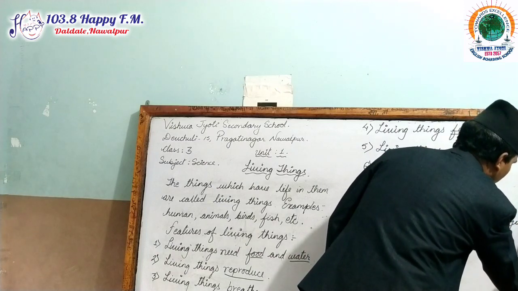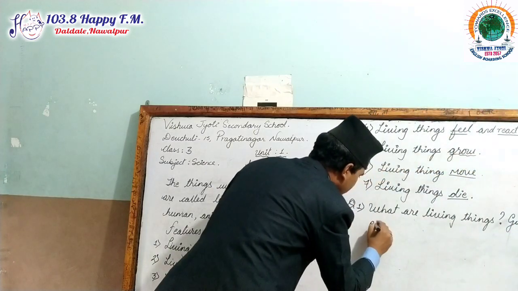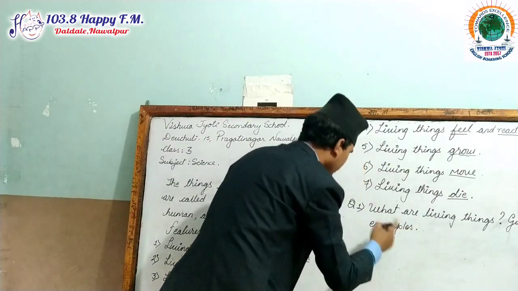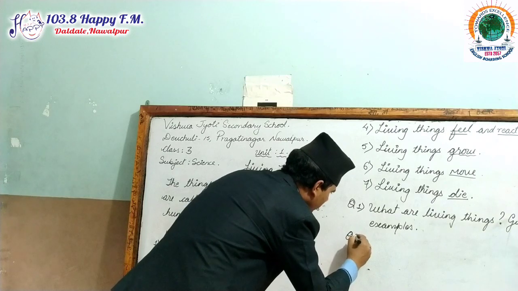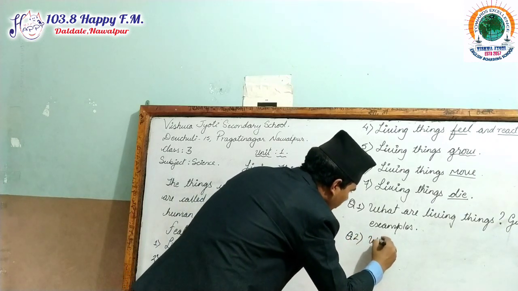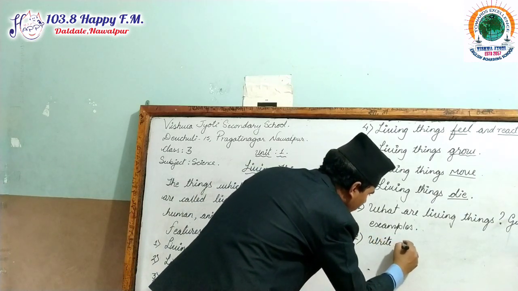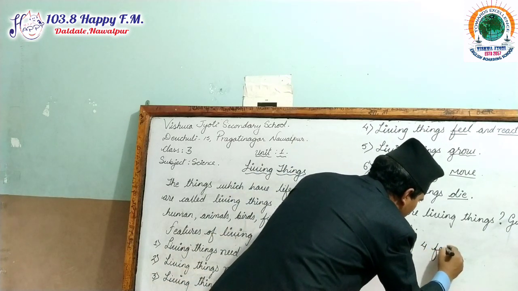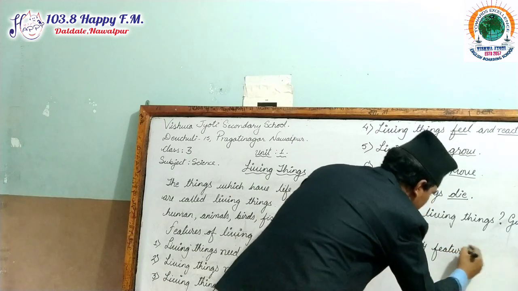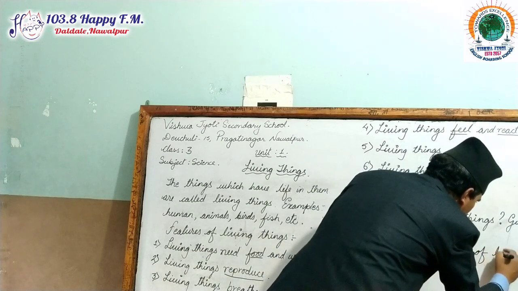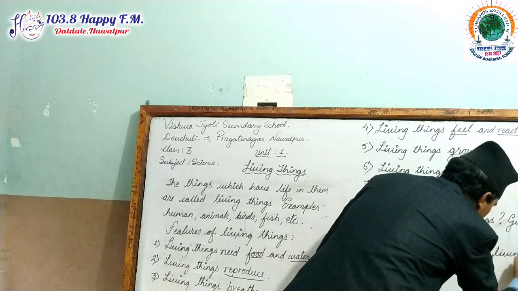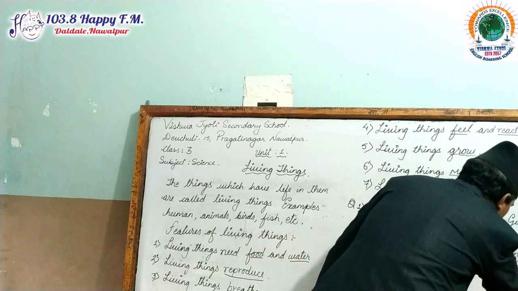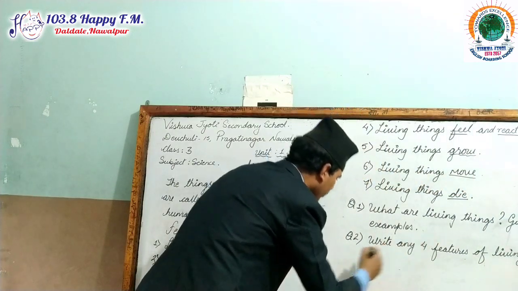Give 4 examples. Question number 2: Write any 4 features of living things.